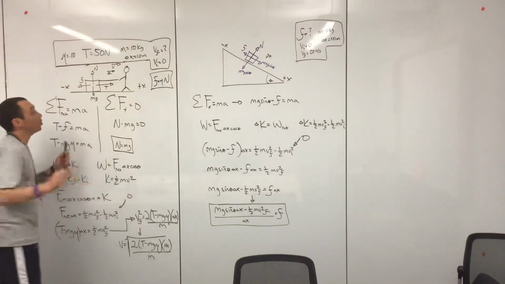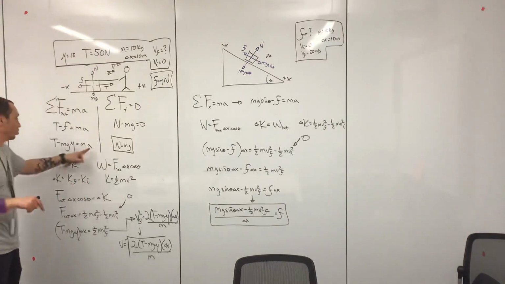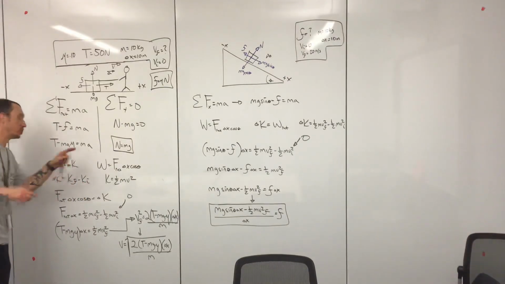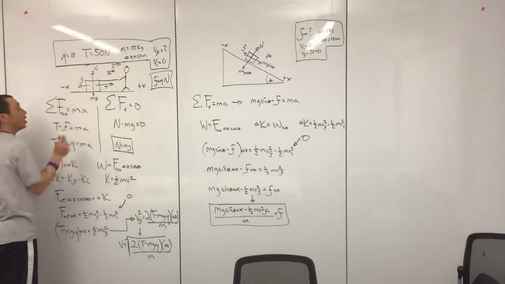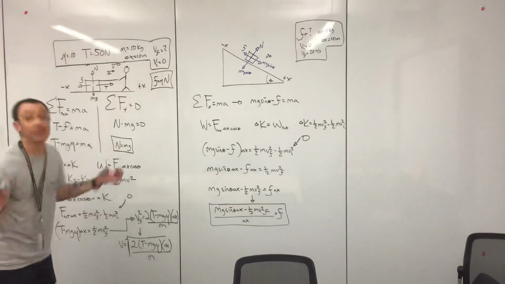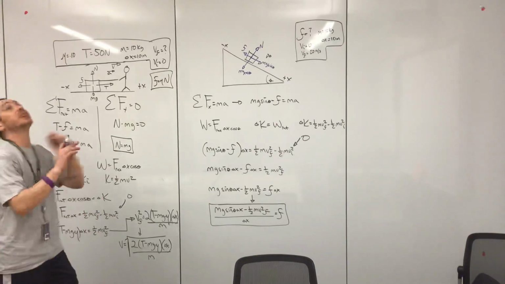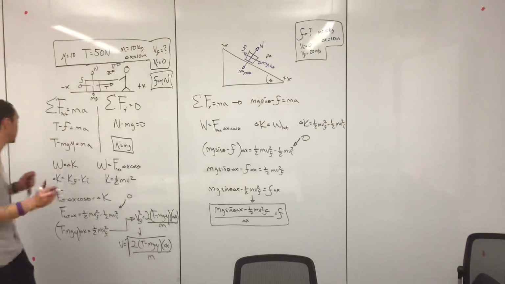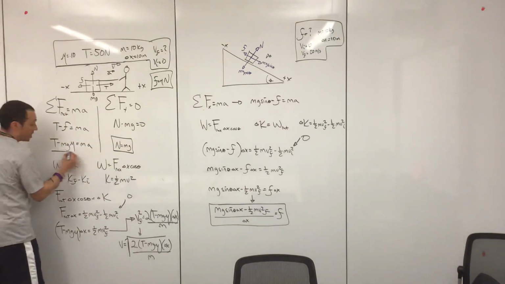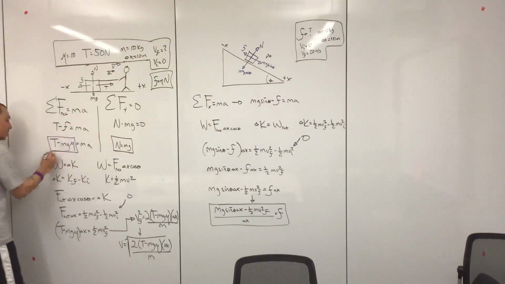But there's something important here, because when we're in work, you don't hear us talk about this so much, but we're still super concerned with net work of a system, which means the change in kinetic energy and the change in potential energy. These things are important to work.